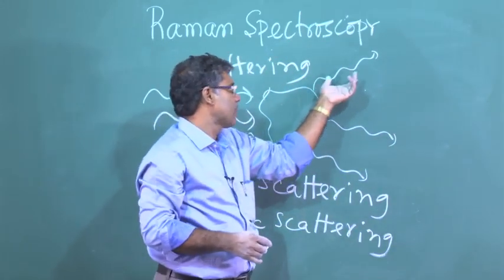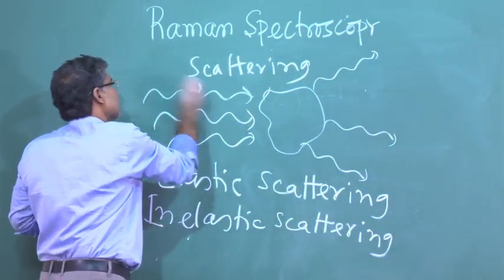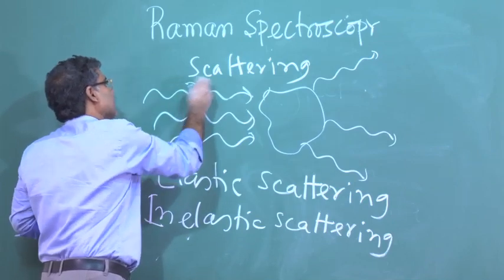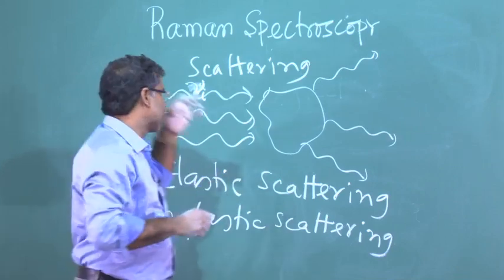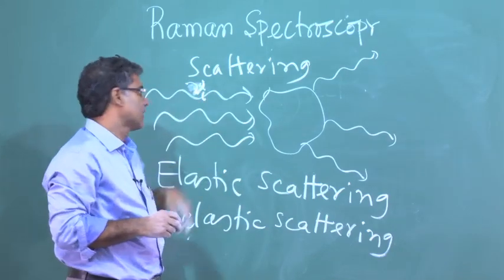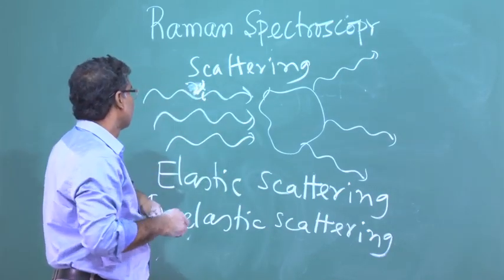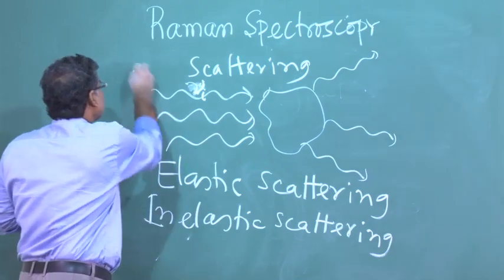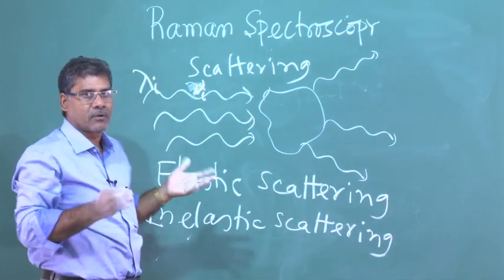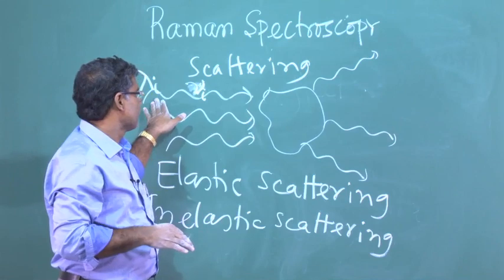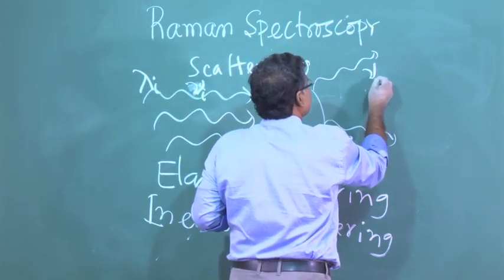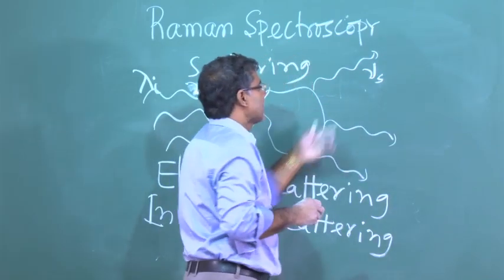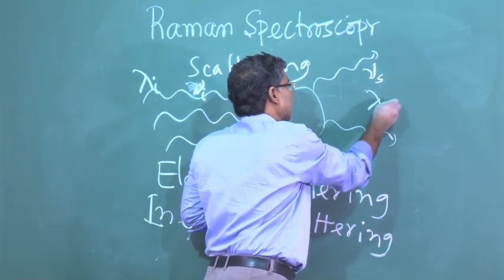If the frequency of the incident radiation, say nu I, or wavelength lambda I, or wave number, whatever, and then the scattered one, if I write nu s or lambda s.